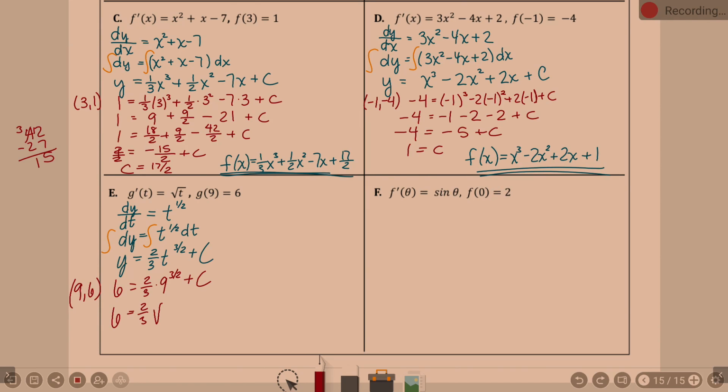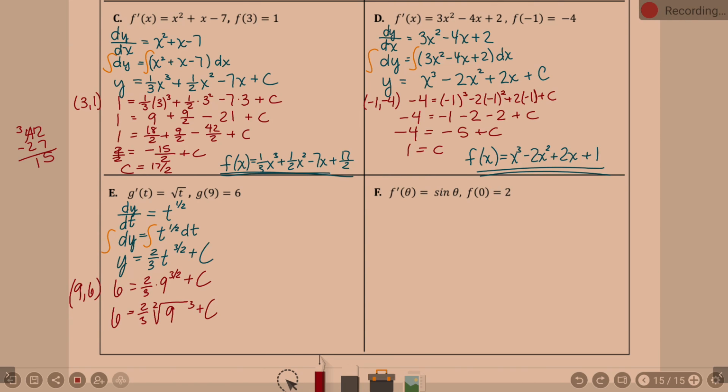The 2 is the denominator, so it's a square root of 9 raised to the 3rd. Now remember with that, you can do 9 cubed first if you want and then square root it. That's going to make me dig for my calculator. I can do the square root of 9 and get 3, and then I know 3 cubed is 27. That's easier for my brain without digging for the calculator.